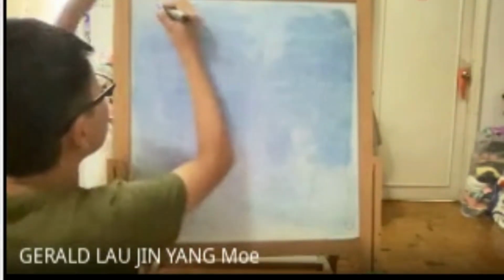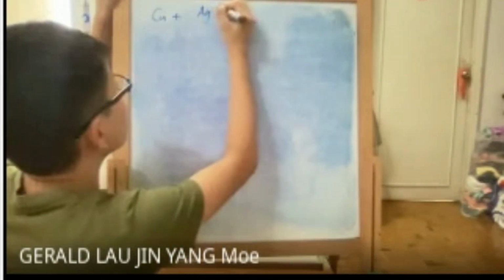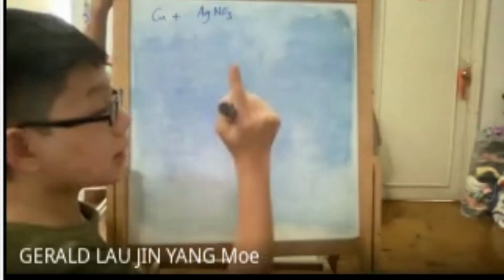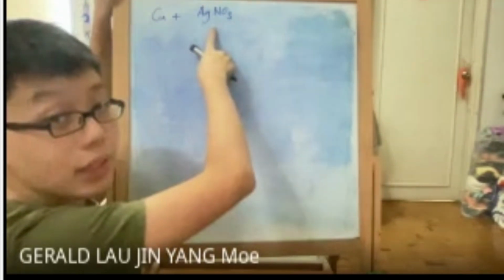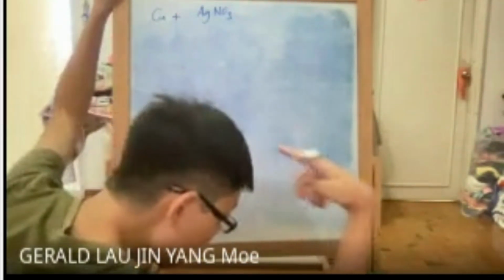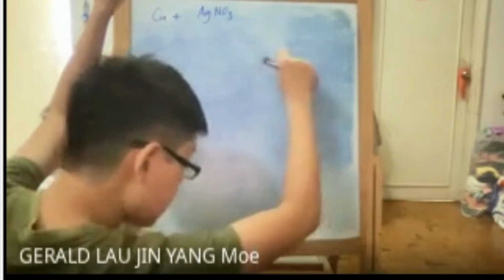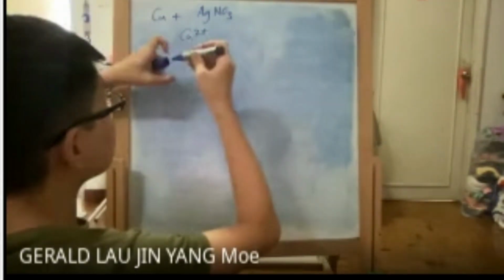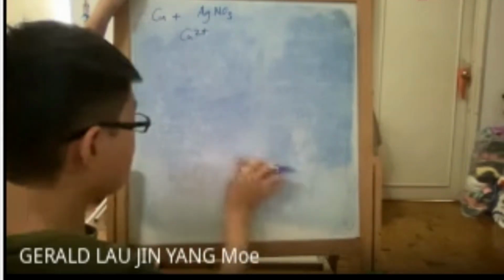Copper and silver nitrate. The question is asking whether this copper can displace silver nitrate. The first step is that the question will give you the E0 value for copper and silver nitrate. So you have to identify these two things in the E0 table.